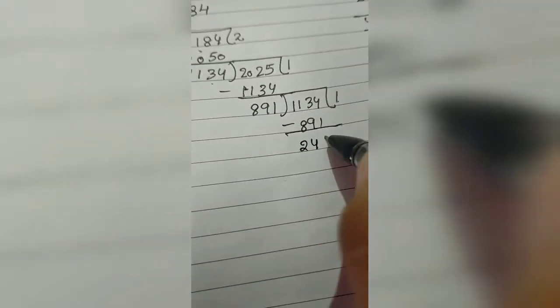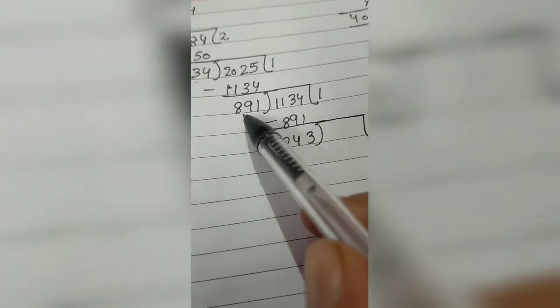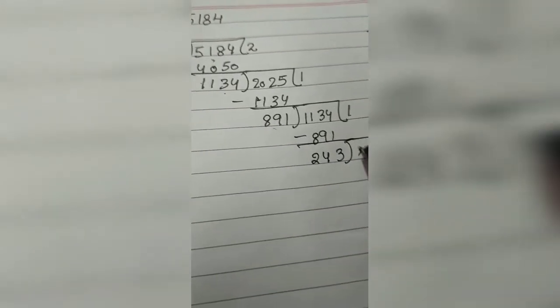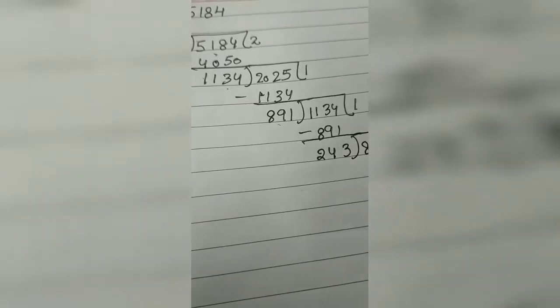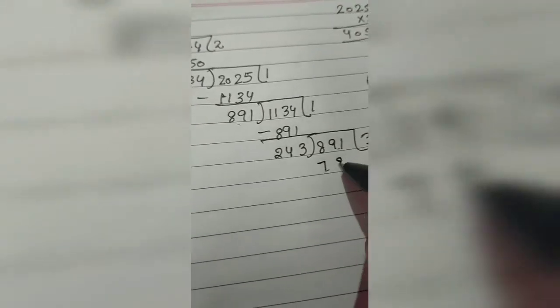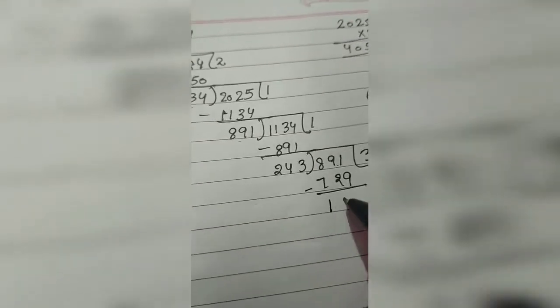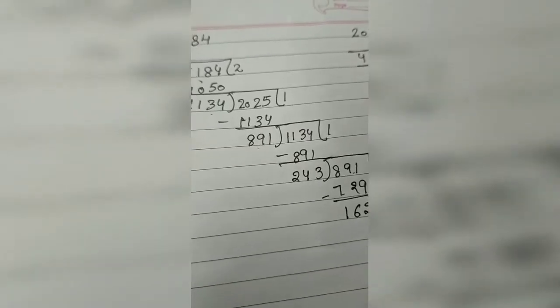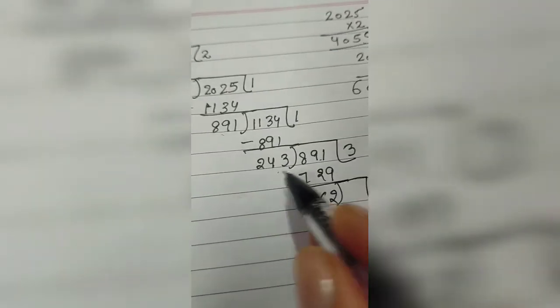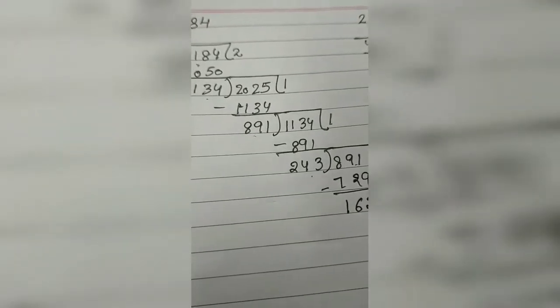And when we subtract it, 243 will come. Now this 891 will come here. It will go on 3. Subtracted, 162 will come. Now this 243 will come here. It will go on 1 again.